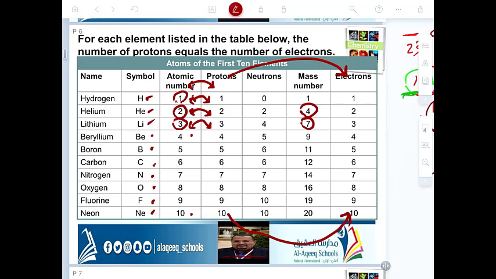I remind you, mass number is the number of protons plus neutrons, but atomic number is the number of protons only. So the change happens here because of the number of neutrons, which changes from one atom to another. I mean, again, not every time protons equal neutrons in the nucleus of the atom.